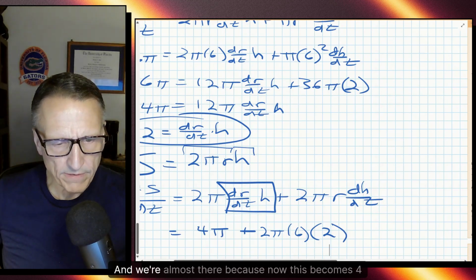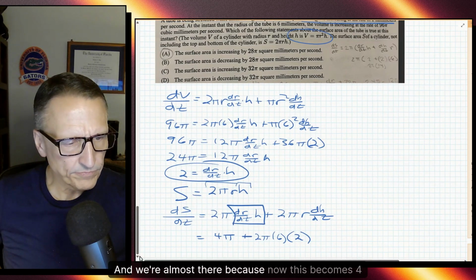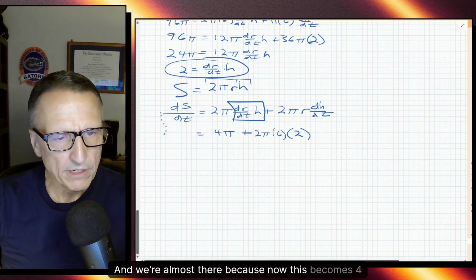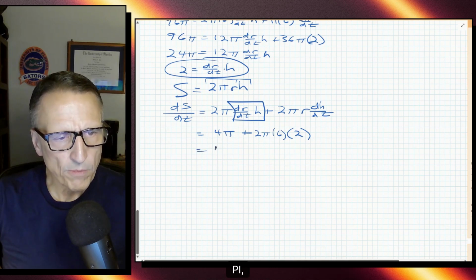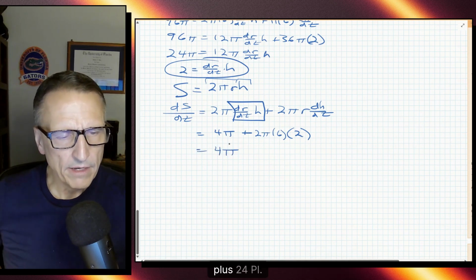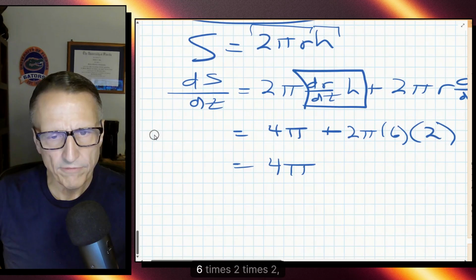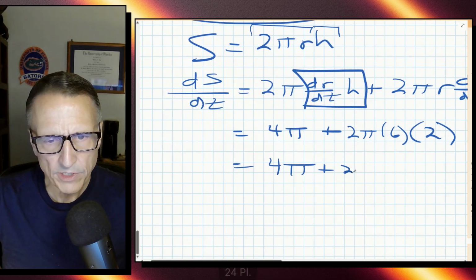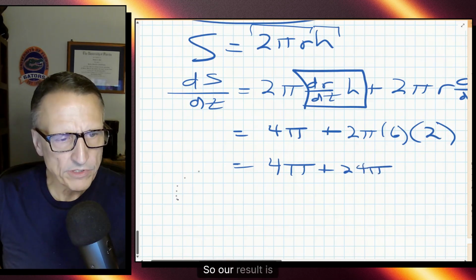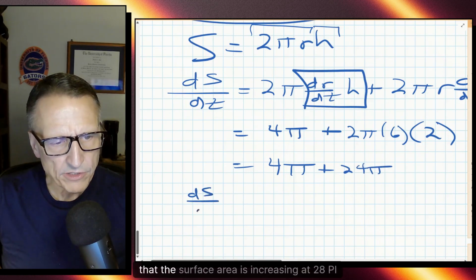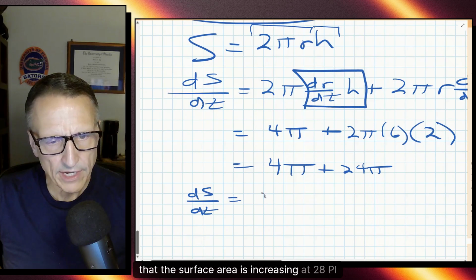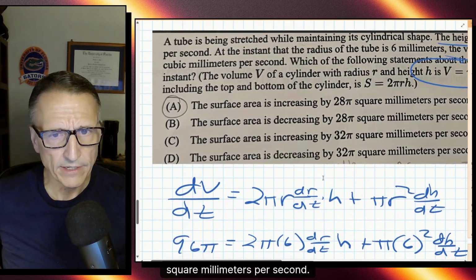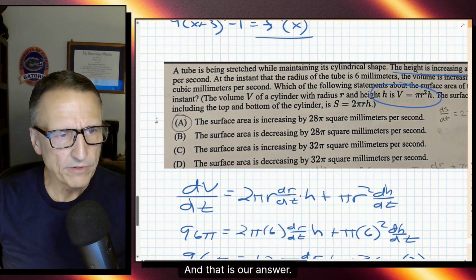And we're almost there, because now this becomes 4 pi plus 24 pi. 6 times 2 times 2, 24 pi. So our result is that the surface area is increasing at 28 pi square millimeters per second. And that is our answer A.